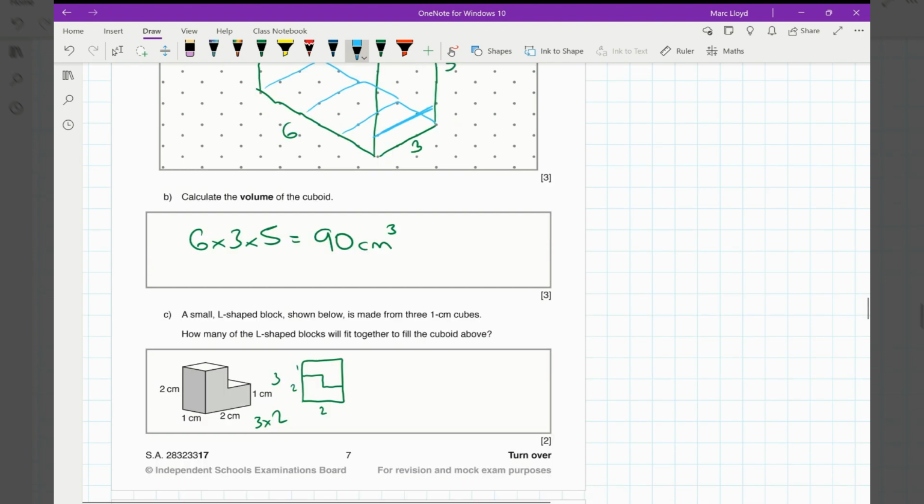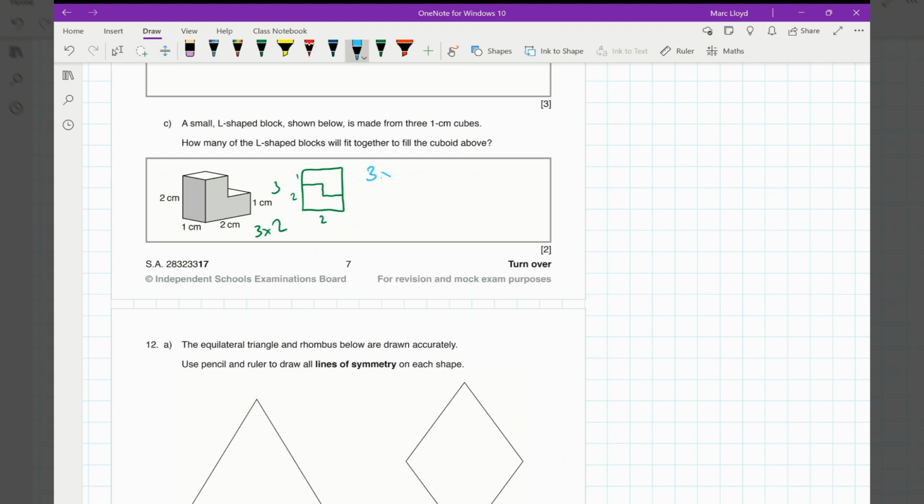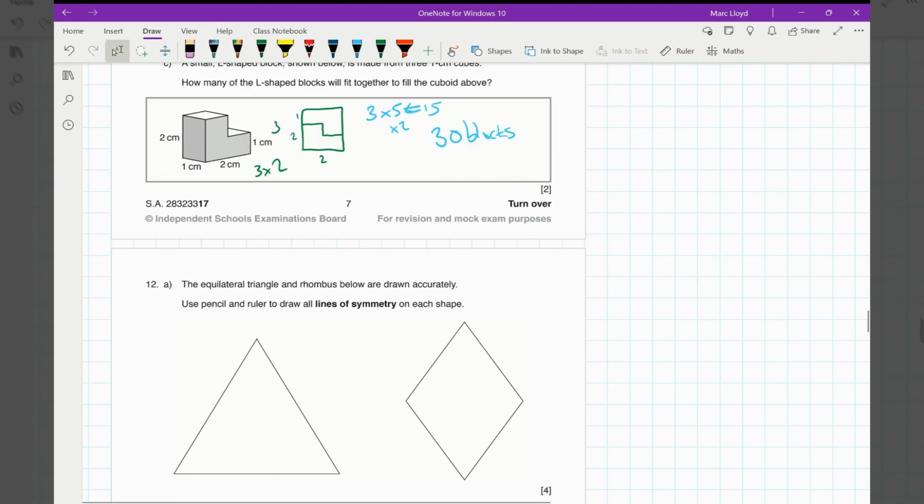So there's 5 rows. So 3 times by 5 gives us 15. And then we need to double that because that's 15 lots of this formation, and there's 2 of these in that formation, which gives us 30 blocks. You can tell now the questions are getting slightly more difficult as we go through.